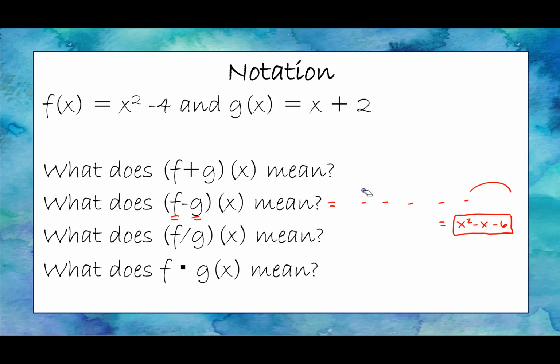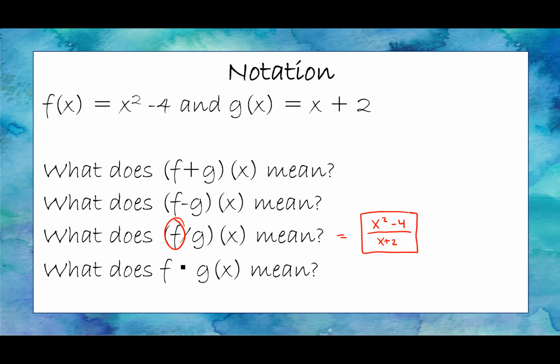You should realize that, oh, the next one represents dividing the two functions. So let's go ahead and do that. This is going to be equal to, remember my f is on top according to this notation. So it's going to be an x squared minus 4 all divided by an x plus 2. And you might recognize that that actually can be factored, but for now let's go ahead and leave it just like that.